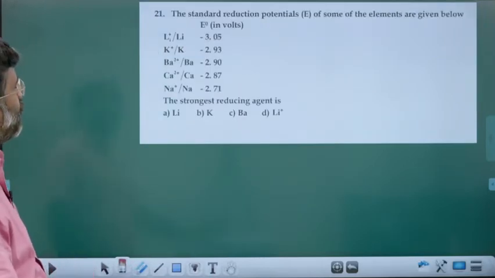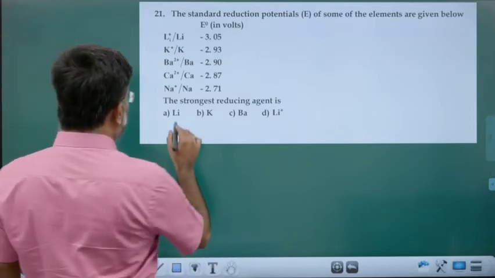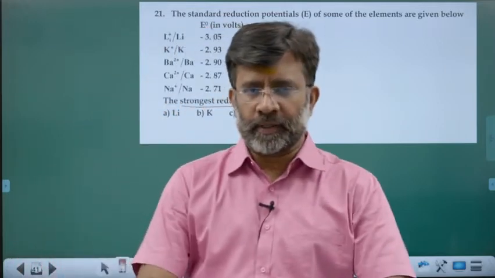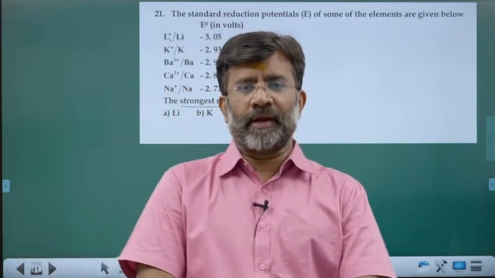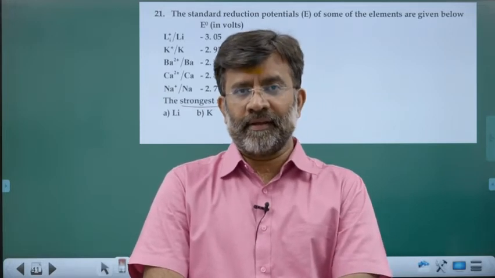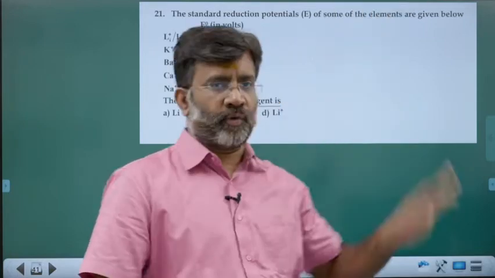Standard reduction potentials of some elements are given below. Which is the strongest reducing agent? You have been taught well in the class to identify the strongest reducing agent. You identify the E0 with the high negative value.